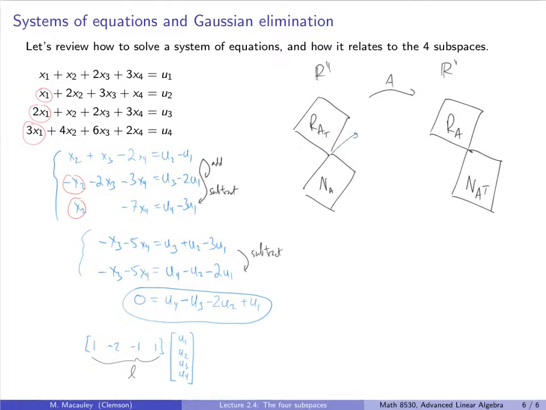Since this is a direct sum, x can be written uniquely as something in here and something in there. So x gets mapped somewhere over here. This is u right here.